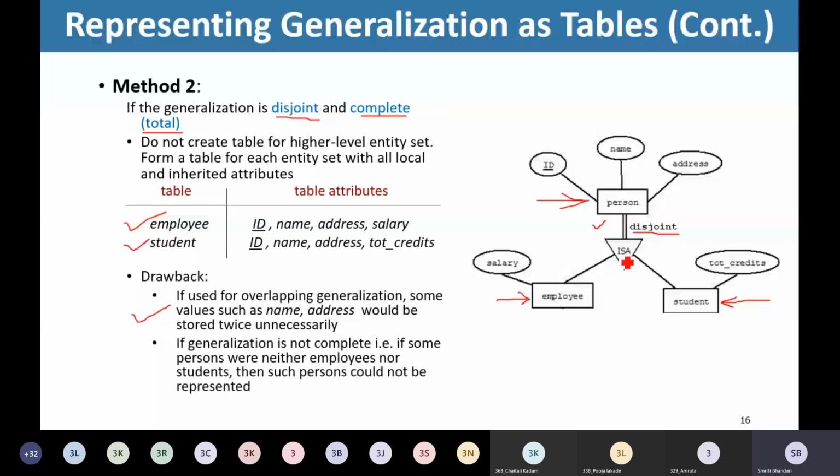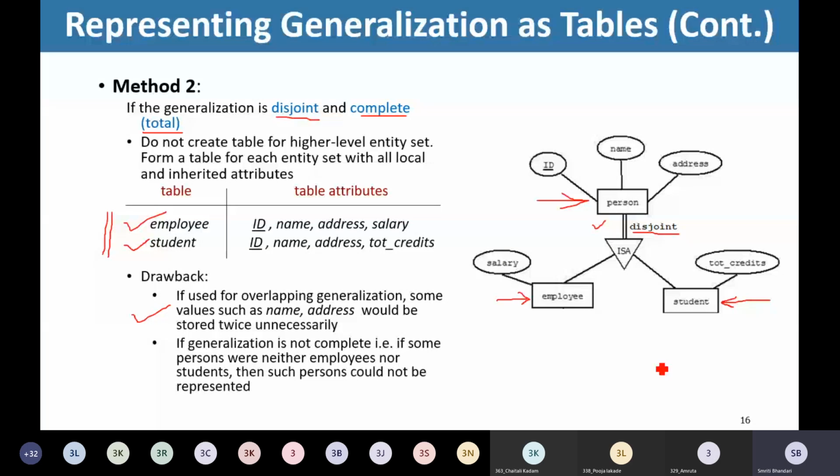So if the generalization is not complete, then it may happen that a few of the higher level entity set members will appear in neither lower level entity set 1 nor lower level entity set 2. If I opt for such a design wherein I have only 2 tables related to the lower level entity sets, then what will happen?